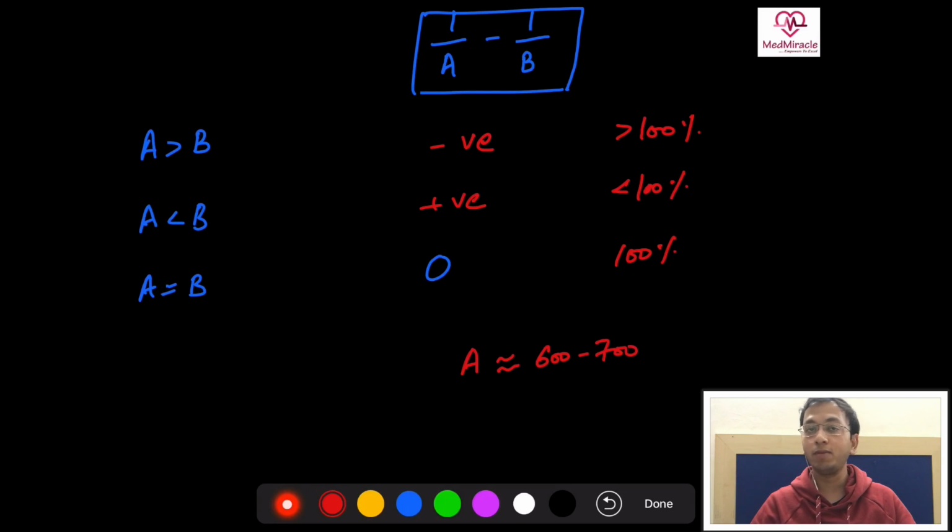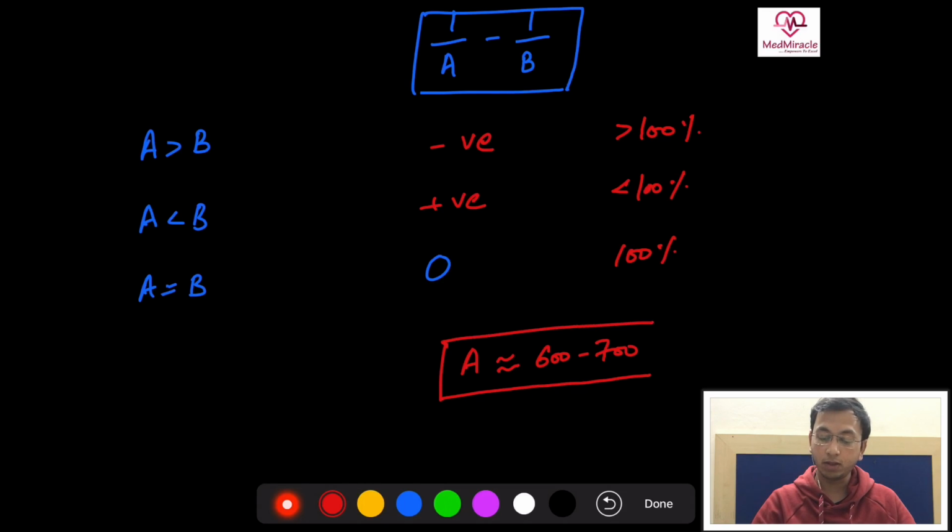It can be more than B, it can be less than B, but whatever it is, it is going to be close to this number, 600 to 700. If we compare it to the NEET PG exam where we have +4 for a correct answer and -1 for a wrong answer, there the negative marking is 25%.